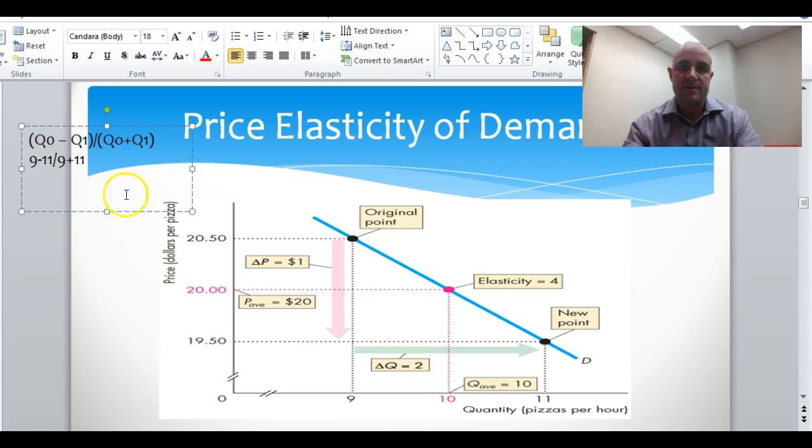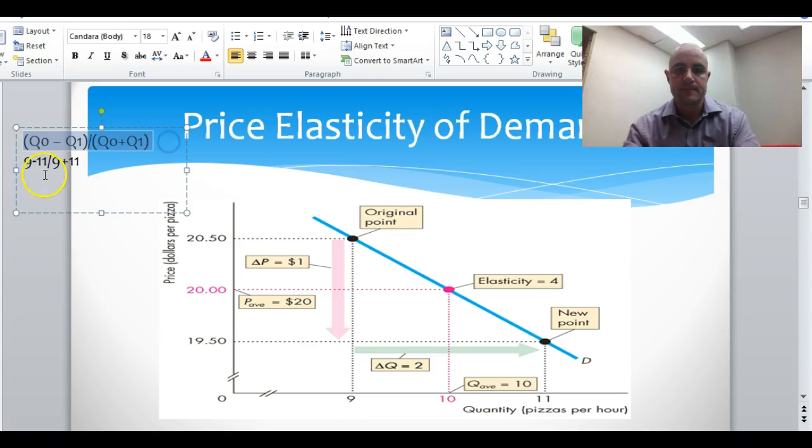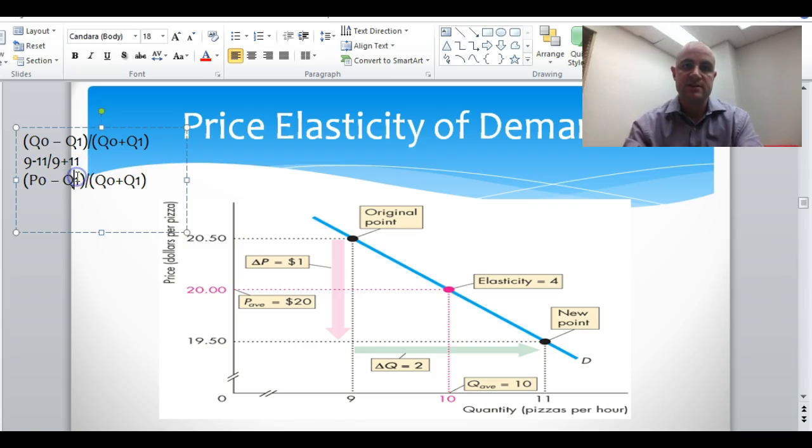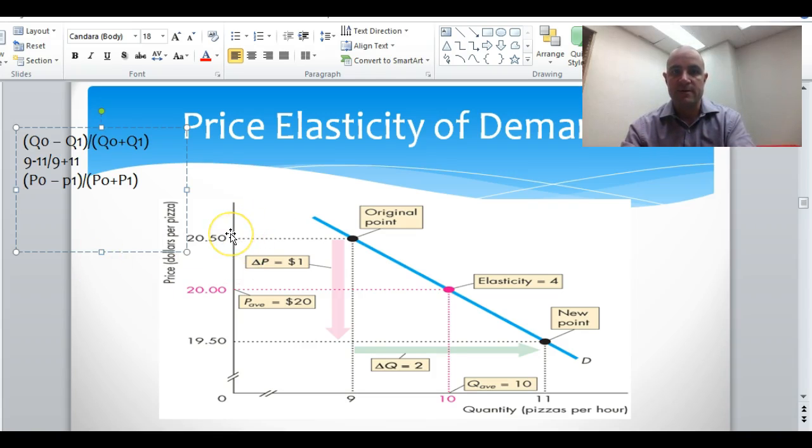And then we have divided by the percentage change in price. So we have P0 minus P1 over P0 plus P1. So we have 2050 minus 1950.